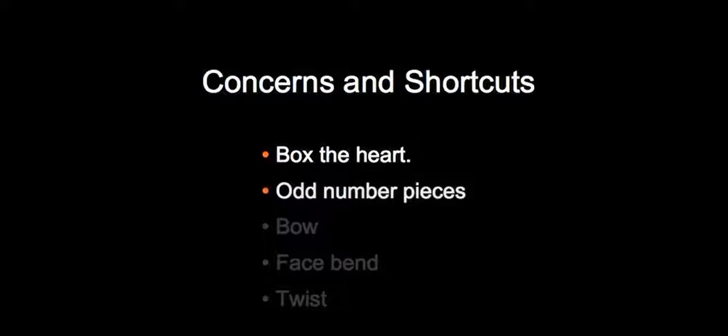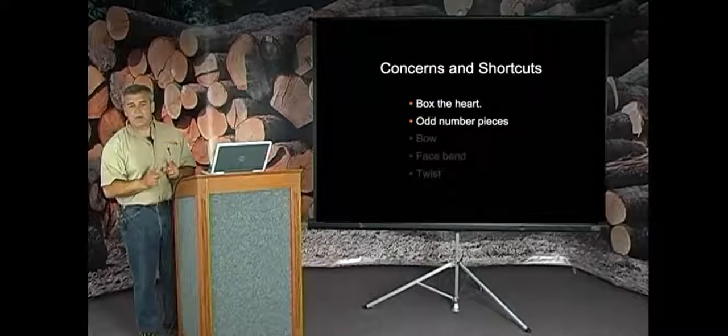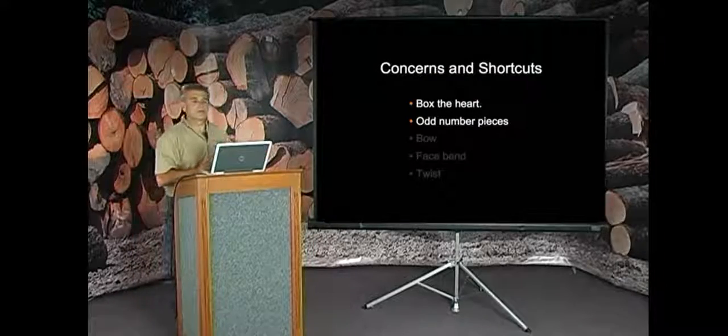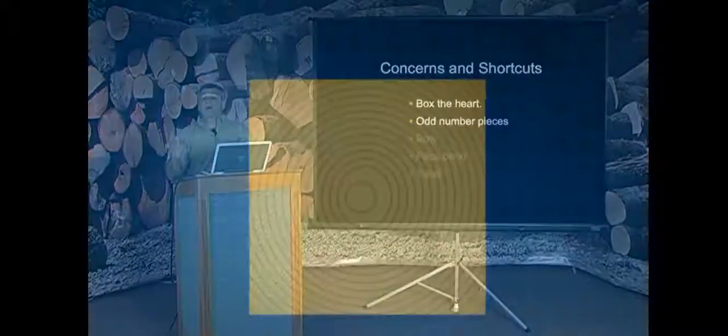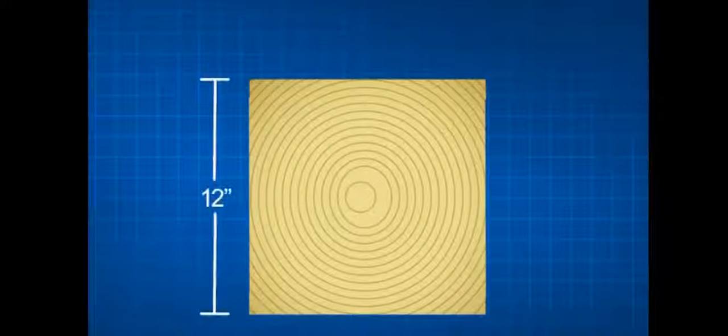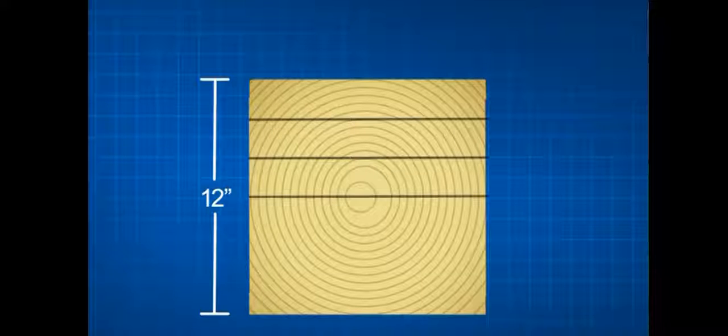What should I have done on that piece? Well, if you always shoot for an odd number of pieces out of that cant, that's the best chance you have of keeping a boxed heart. If you square to 12 and you drop to 10, 8, 6, 6 is what?